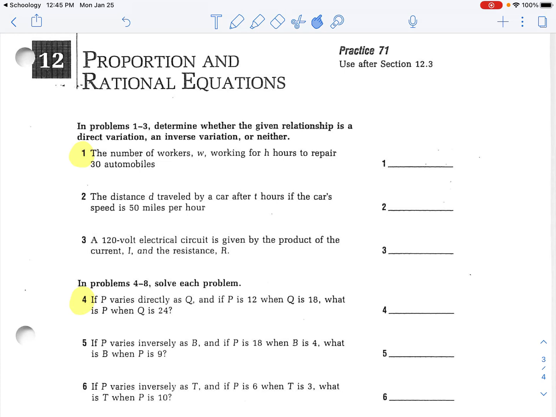So number 1 says the number of workers W working for H hours to repair 30 automobiles. We are trying to figure out if that relationship is direct, inverse, or neither. Well, the only way we can figure it out is actually to write the equation and then see what kind of operation is happening between.